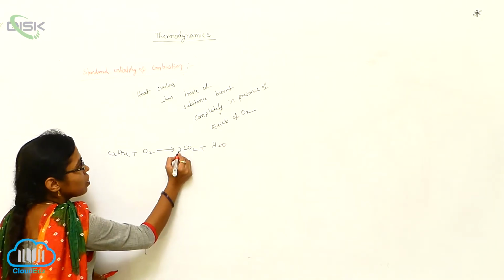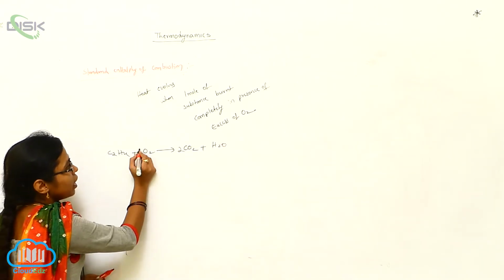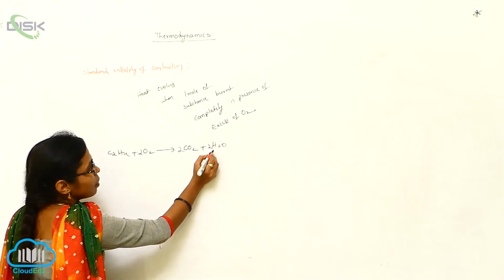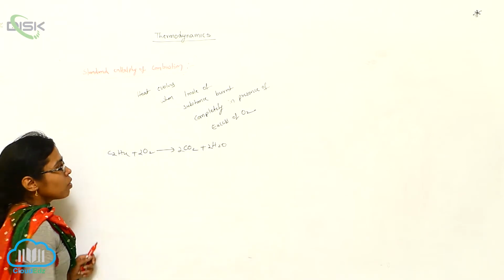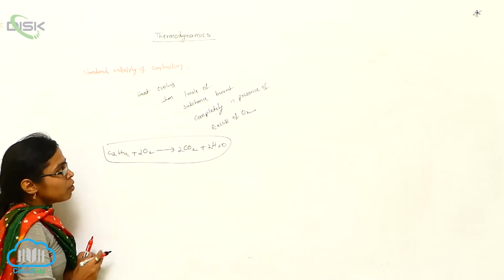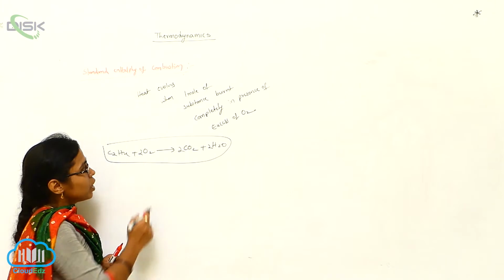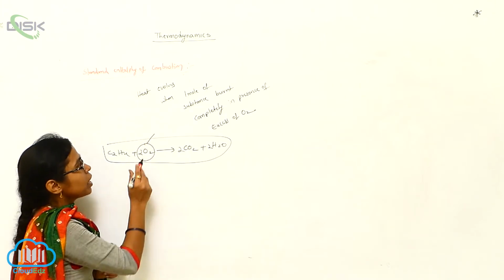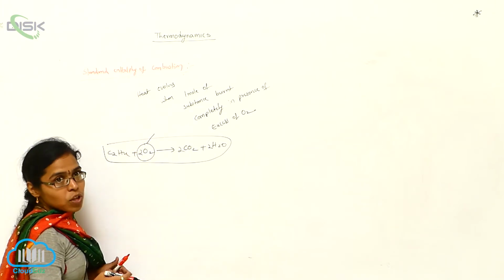For balancing this equation, I am taking 2 moles here, 2 moles here, and 2 moles here. So it is also the best example of the standard enthalpy of combustion. In presence of oxygen, the reaction occurring is called combustion.